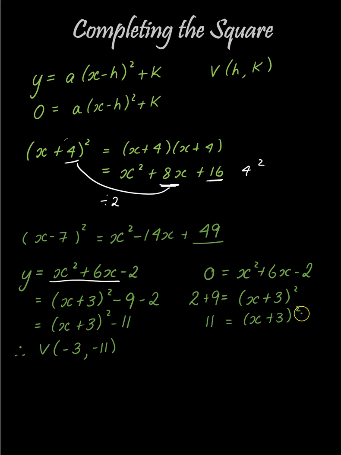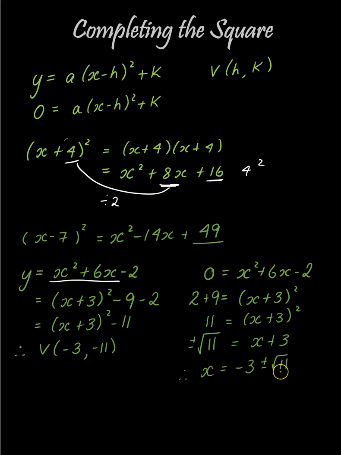We now want to solve. To get rid of the squared, we have to square root. Remembering when we square root something, we can have a plus or minus answer. And this now leaves us just with x plus 3. To get rid of the plus 3, we take 3. Therefore, x will equal minus 3 plus or minus root 11.